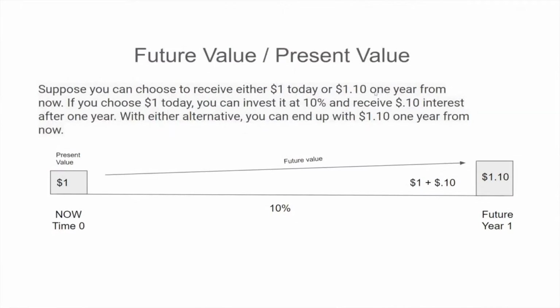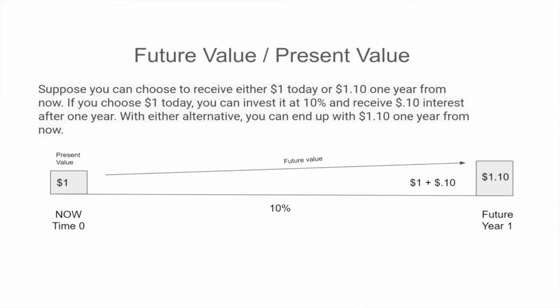If you choose the dollar today, so let's assume you said, okay, Paul, I'll take the dollar from you today, and you were to invest it. You put it in a bank account or something, and let's assume that that investment could earn a 10% rate of return. What would that mean?